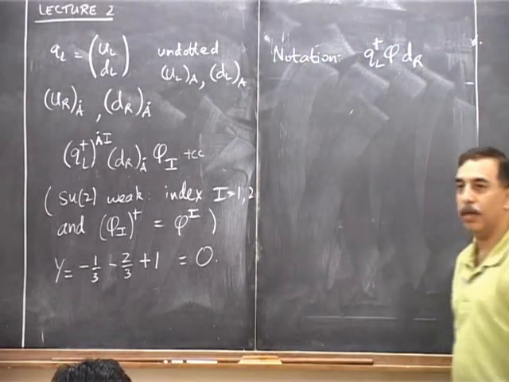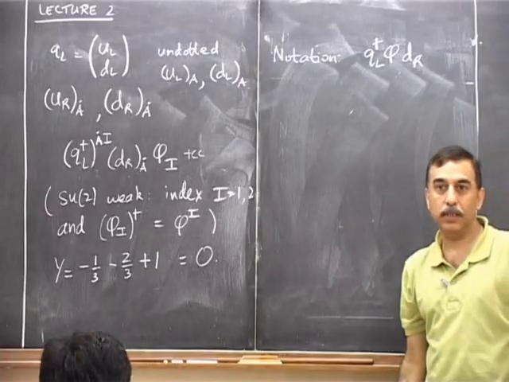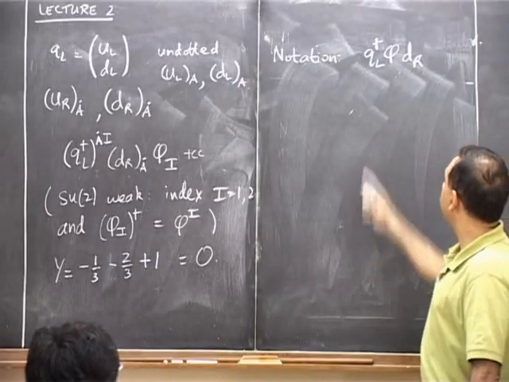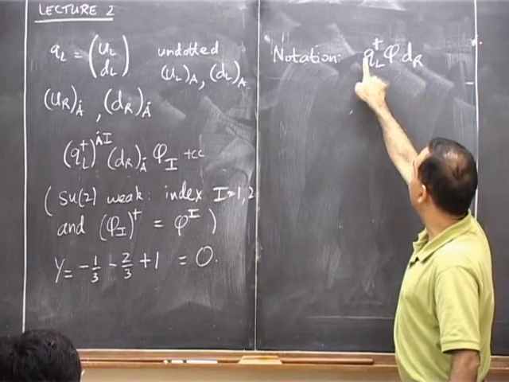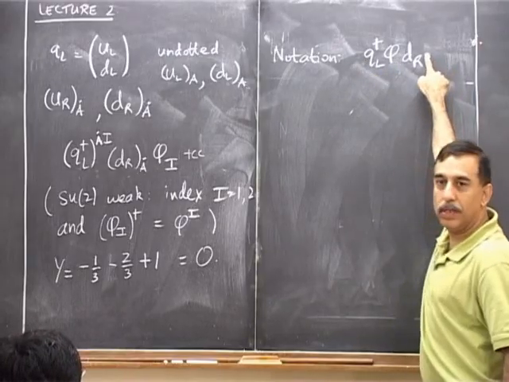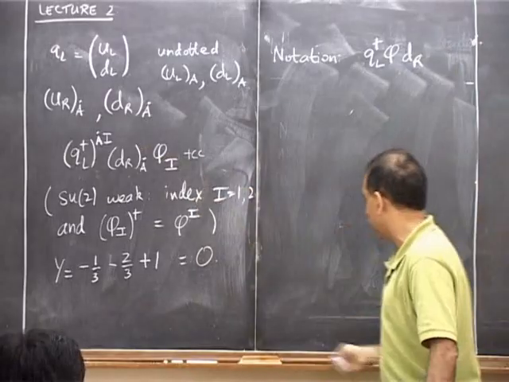So this is how Yukawa couplings will always look in this course. What you have to remember is the SU2 weak index goes between these two guys, and the Lorentz dotted index goes between those two guys. These are the two indices I've drawn out here explicitly.